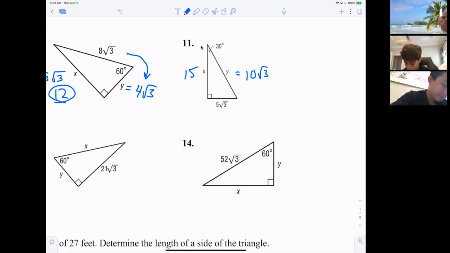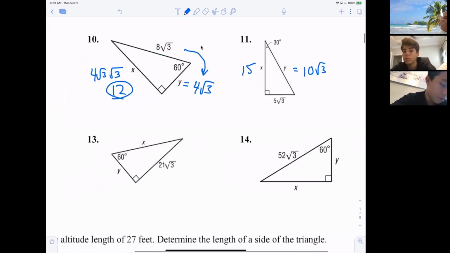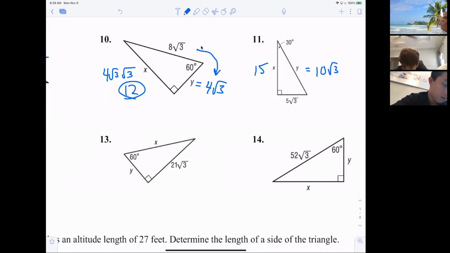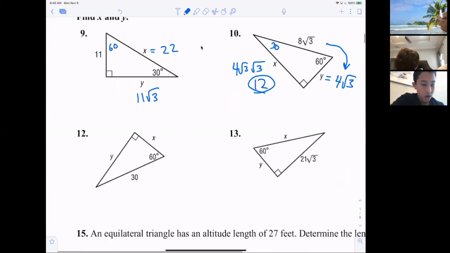Sam asking. So on number 10, like on the previous one, you multiplied to get the hypotenuse, you multiplied the long leg by 2. I did not. I did it 22. So 9, yeah, you did 11 times 2 for 22.